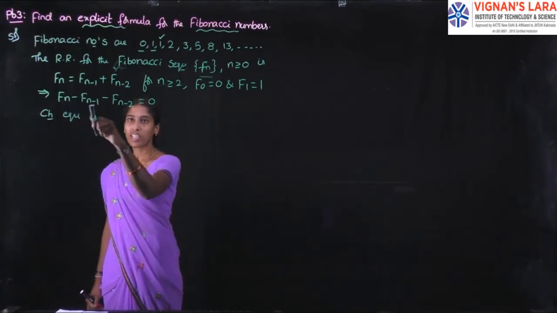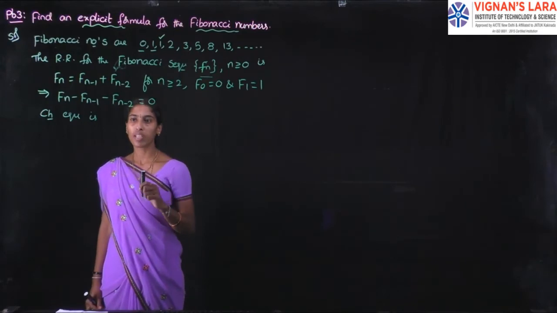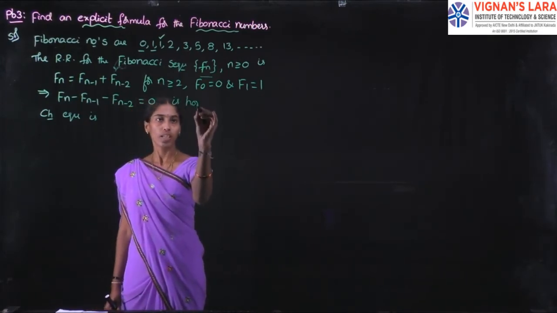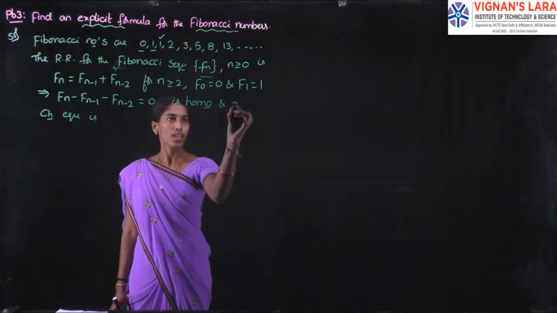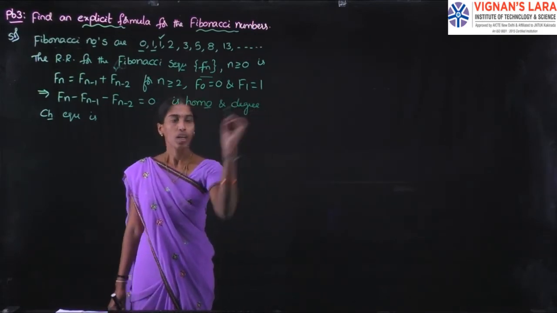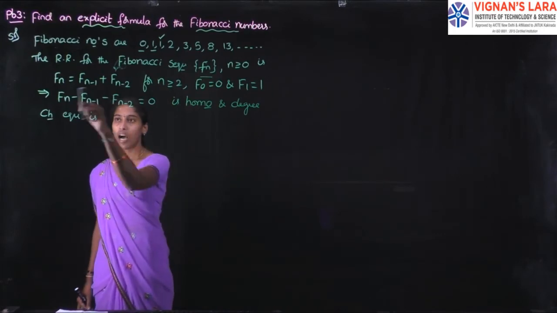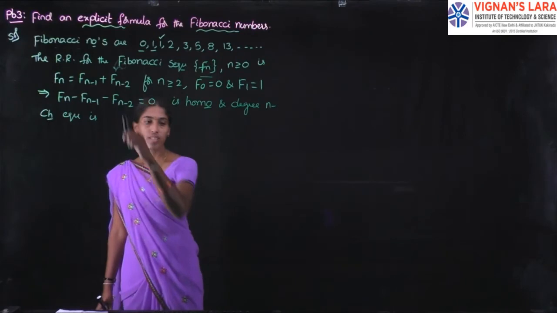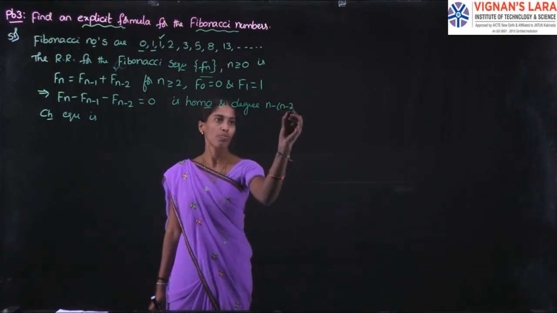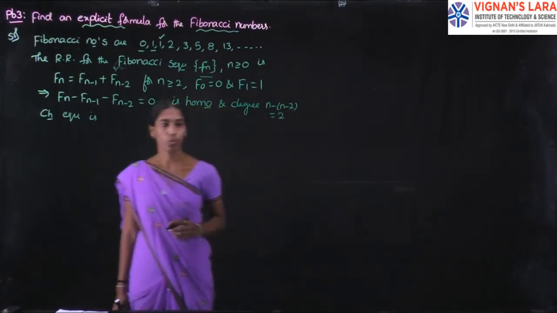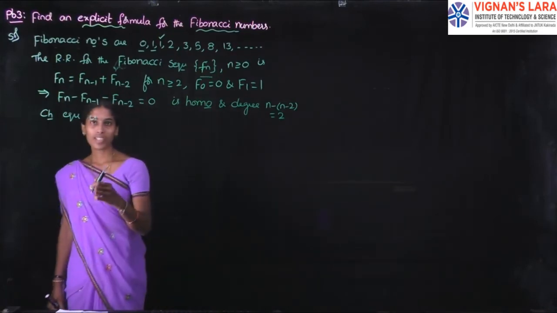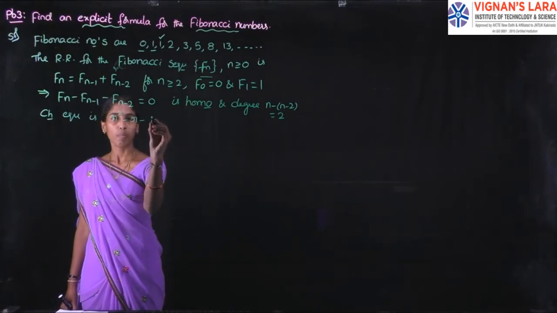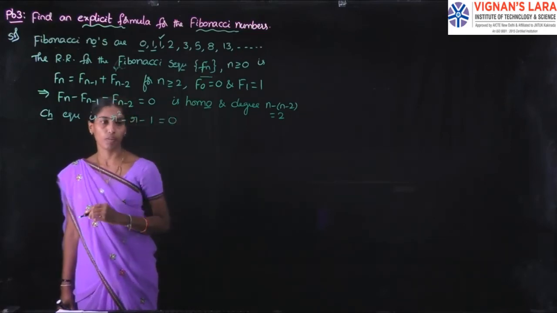So the first, second and third terms all contain the sequence term Fn, so it is homogeneous. And what is its degree? The degree of the recurrence relation is the highest suffix term n minus the lowest suffix term n minus 2, which is equal to 2, right? So the characteristic equation is r square minus r minus 1 is equal to 0.